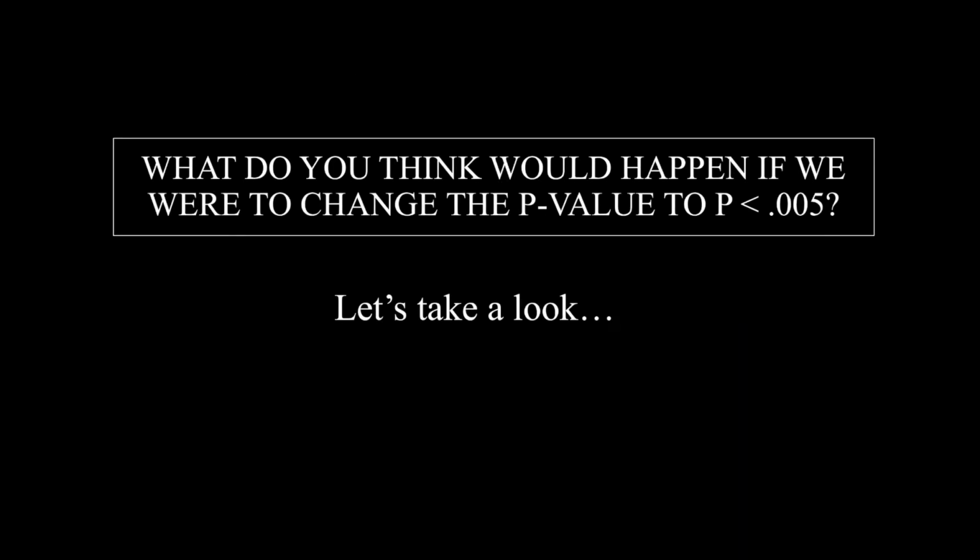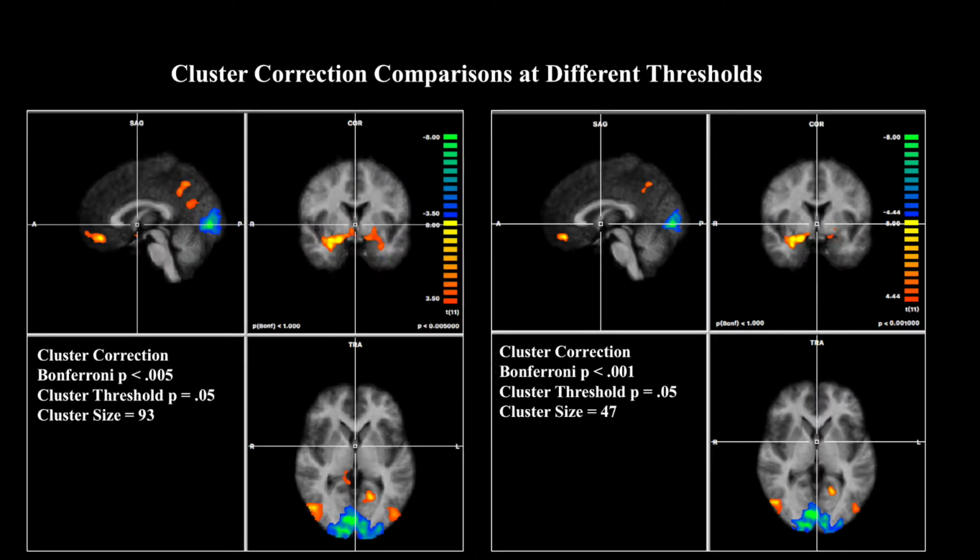Let us take a look at what would happen if we altered the p-value to 0.005 instead of 0.001. Using a greater p-value, such as 0.005, will produce a greater random arrangement of clusters, so this will increase the random cluster size. In this comparison, on the left, we have a p-value of 0.005, and on the right, we have a p-value of 0.001.